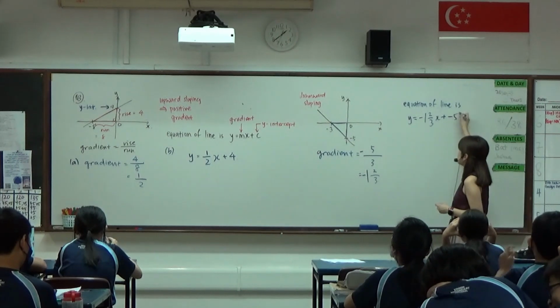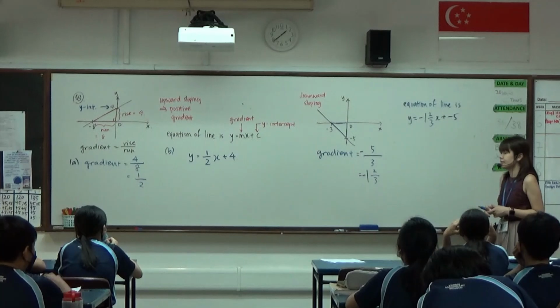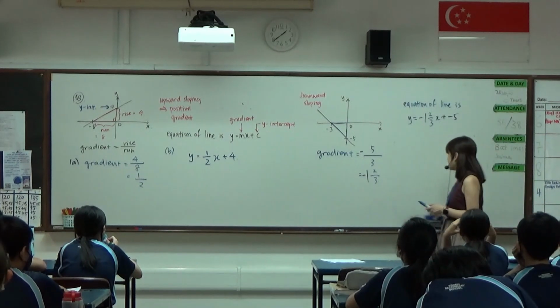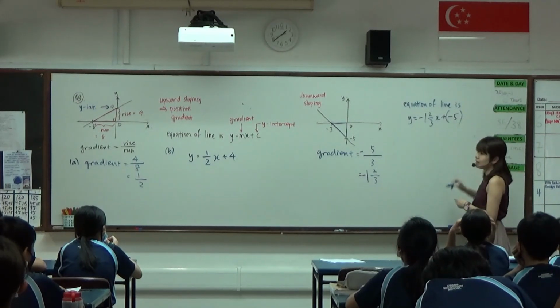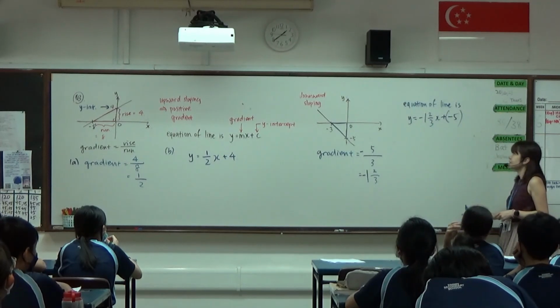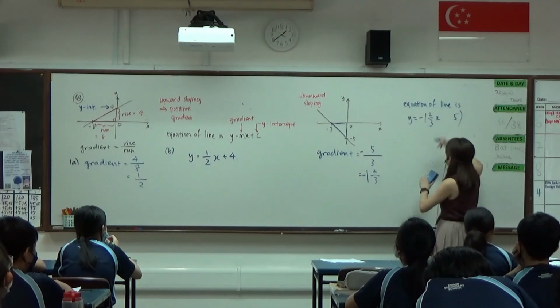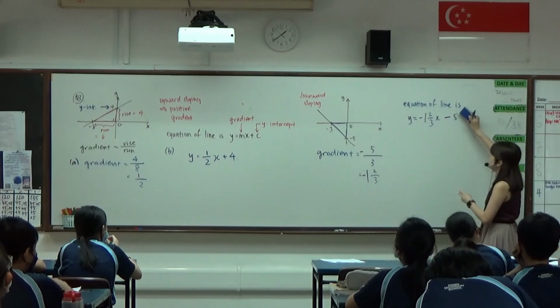Negative 5, so I write it this way. Do I put plus and minus like that? Then what should I write? Put a bracket on negative 5. Can we simplify this? Plus and minus becomes a minus, so we don't need to put the plus. We need to know how to write it and change it to a minus.